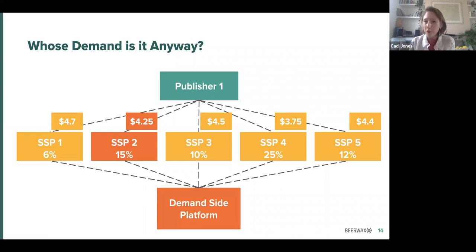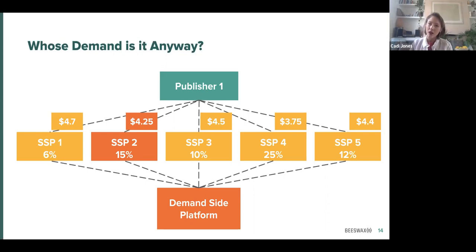And DSPs might be doing this purely to manage cost, but it can still limit your access to those bid requests, and your bid response, your bid that you're putting into the auction might become less valuable, less competitive as a result of this.